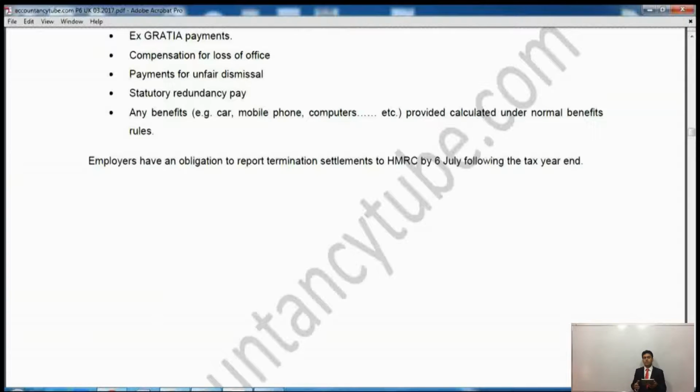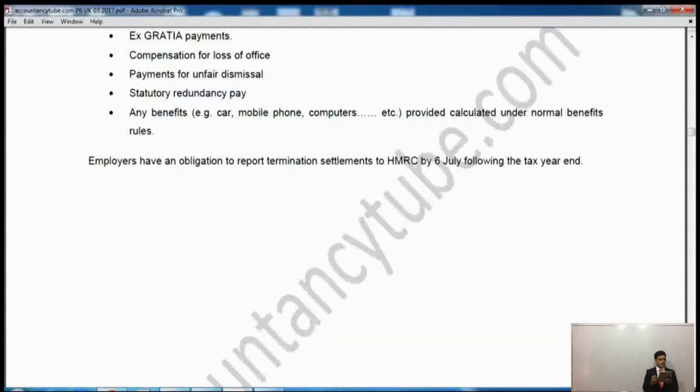It will be written in the contract that if I have been made redundant, the employer will have to pay some amount. That is called statutory redundancy pay. The employer will be legally bound to pay me some amount, and that will be partially exempt as well.